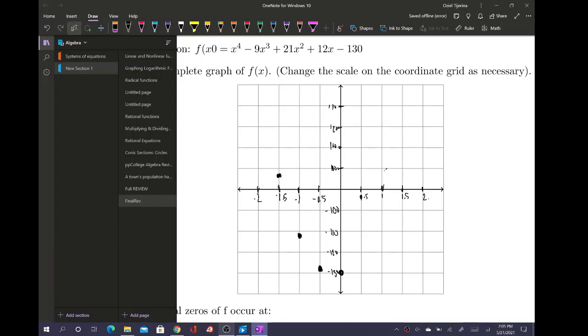Give me 1 second, guys. I'm trying to see exactly what, negative 1.5, and then it's negative 2.